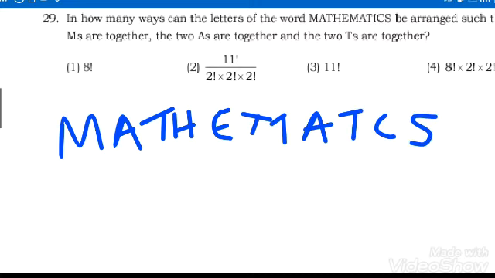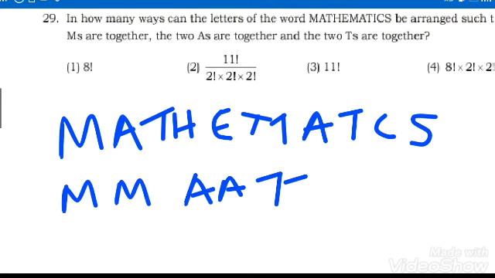Now they said the 2 M's must be together, so we have M, M, we have A, and we have T. So what do we have left? We have H, E, I, C, S.